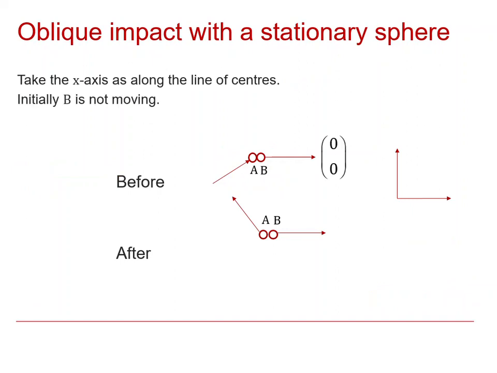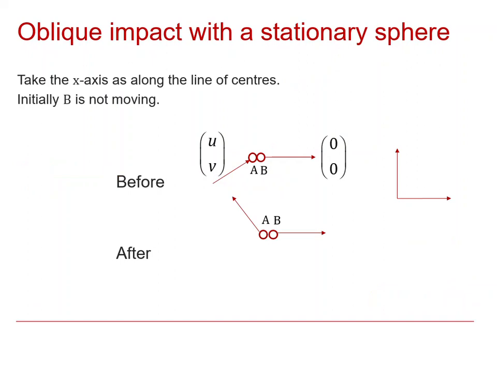Secondly, we're saying that B is initially not moving, so that's the velocity for B shown, and the velocity of A is oblique to the line of centres, and we show that by the general expression u, v. All we're really insisting is in this case that v is not 0. That would make it along the line of centres.